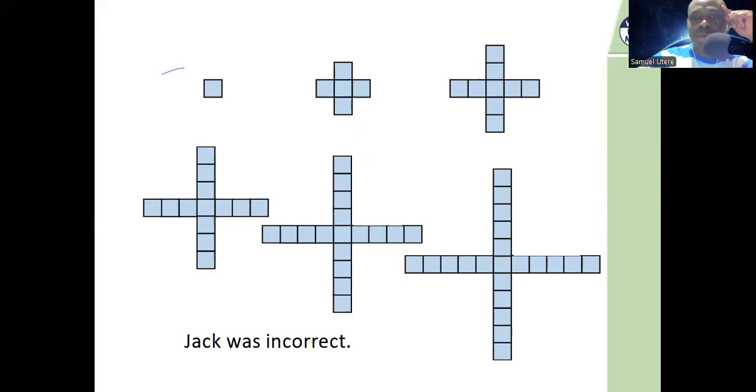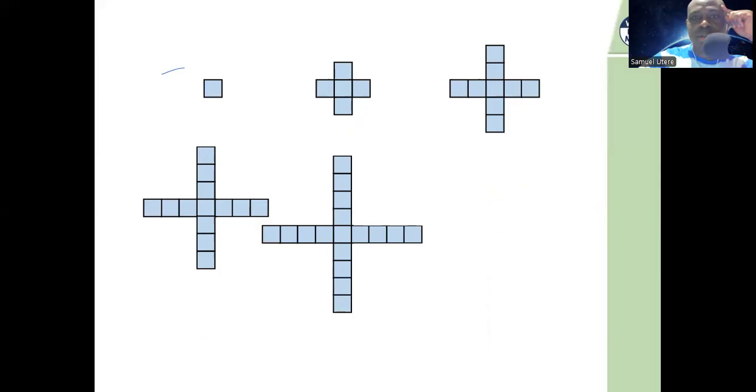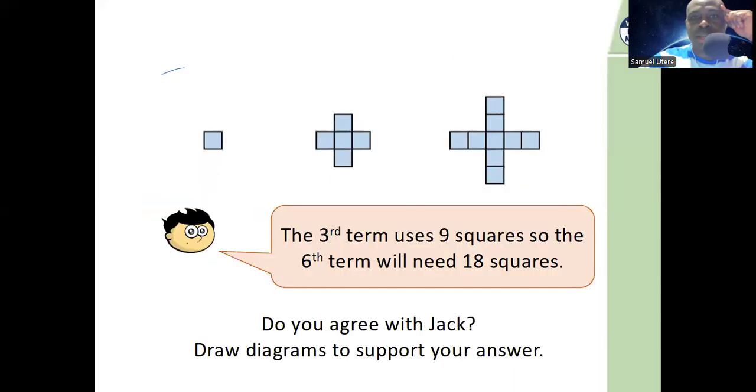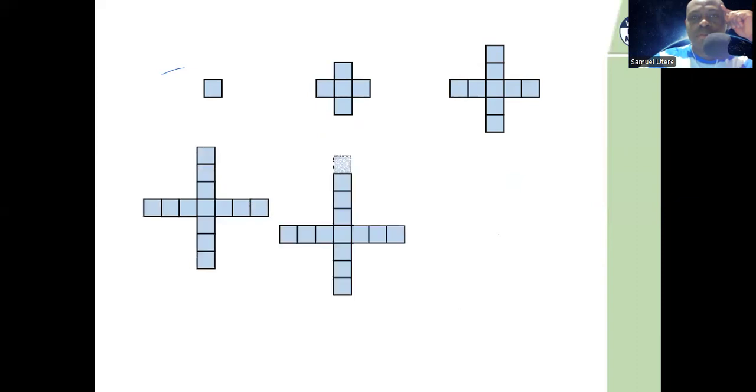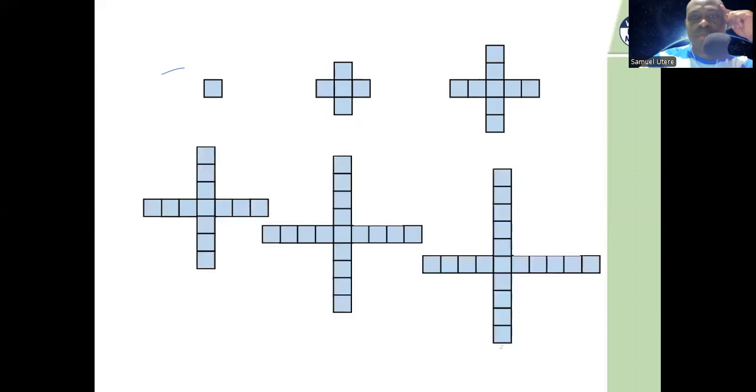Okay, Jack says they're going to be 18. Remember, that's what Jack said. Jack said they're going to be 18 squares. But we know that we're adding 4 squares every time, and we've stuck to that description because we know it's absolutely right. So if we check, let's count together.